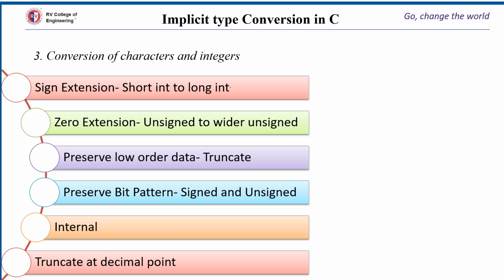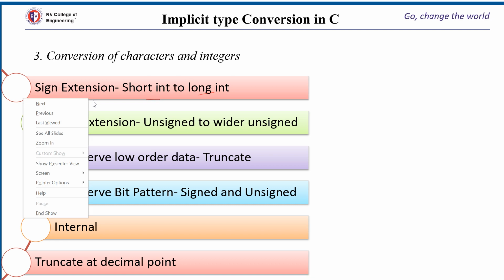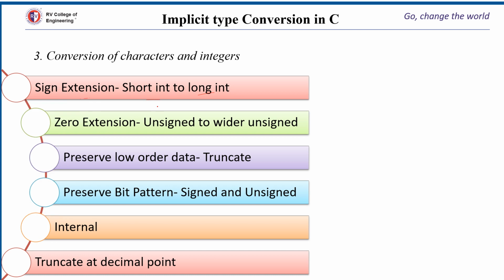Whenever we have type conversion taking place from short int to long int, there will always be a sign extension. Whenever we are assigning an unsigned to a wider unsigned, like unsigned short int to an unsigned int, there will be a 0 extension.